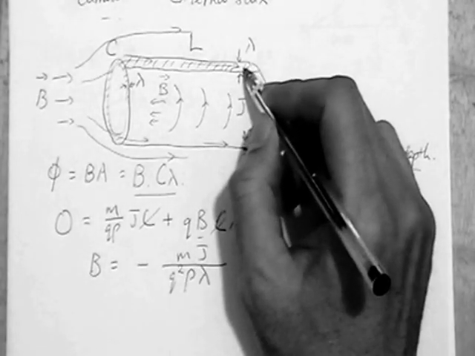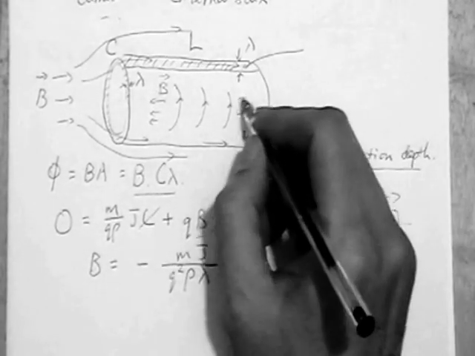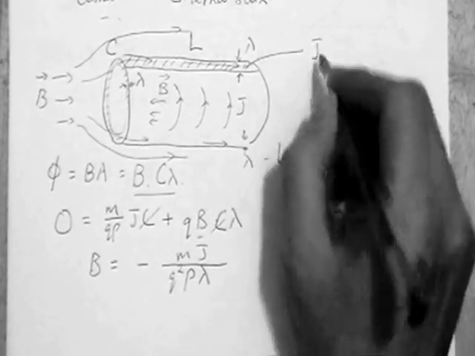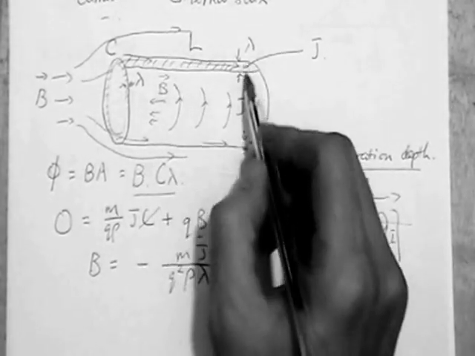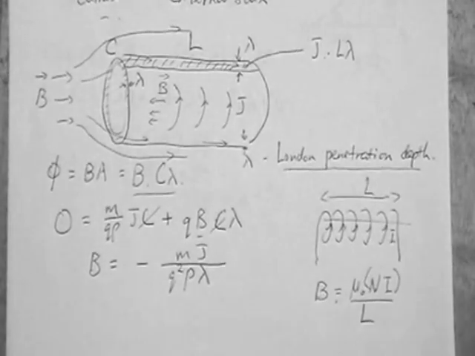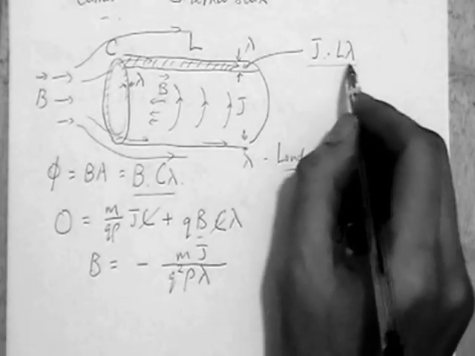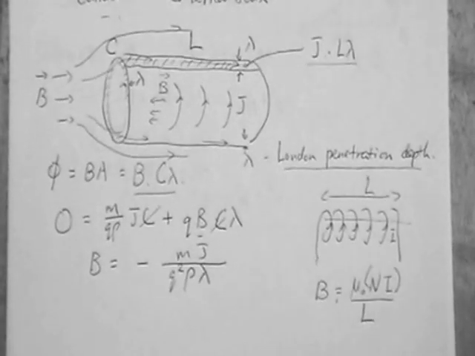Okay, so the total current going through this area is just the current density times the area, which is L times the thickness. So in fact, this is the total current here, and Ni is the total current in the solenoid.